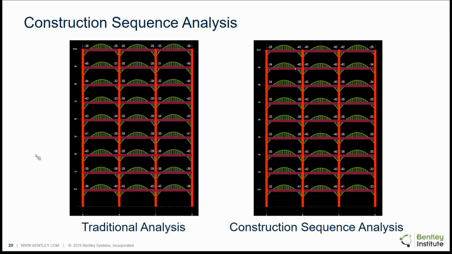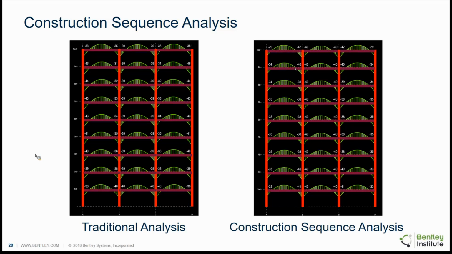Correct. And then a second question here on column shortening. Do the column shortening results take into account the percent of reinforcement, or is it simply PL divided by EA? At this point, it does not take into account the contribution of the reinforcement. We've had some discussion about that. That question has come up, and we certainly need to do some research on that to see what contribution that might have.